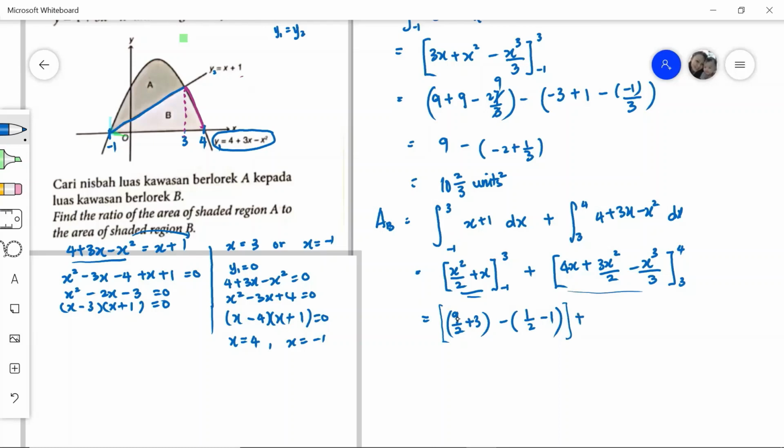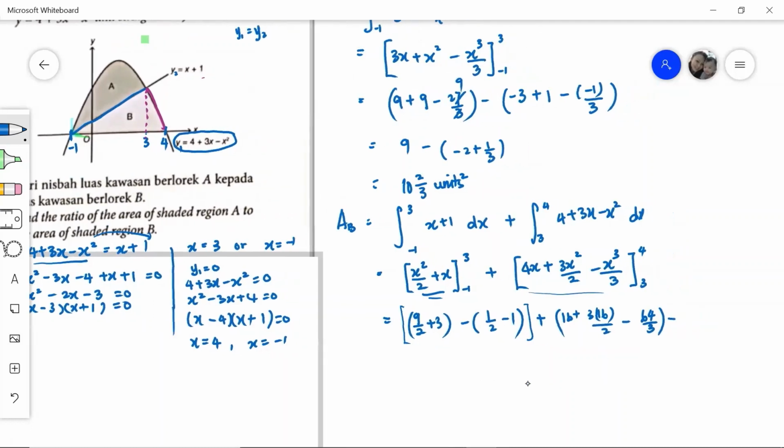Plus, put the 4 in: 16 plus 3 times 16 over 2 minus 4 cubed, which is 64 over 3. And then minus, substitute the 3 in. We have 4 times 3 is 12 plus 3 squared is 9, 9 times 3, 27. So 27 over 2 minus 27 over 3.